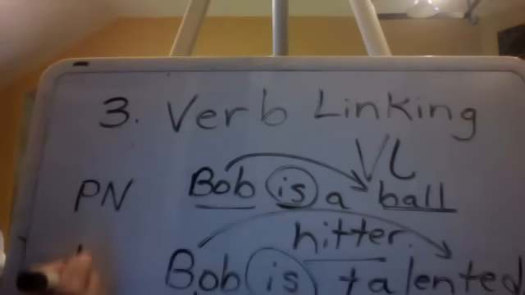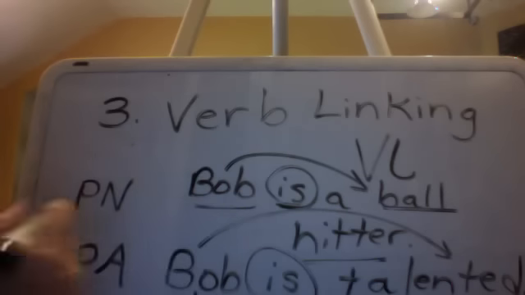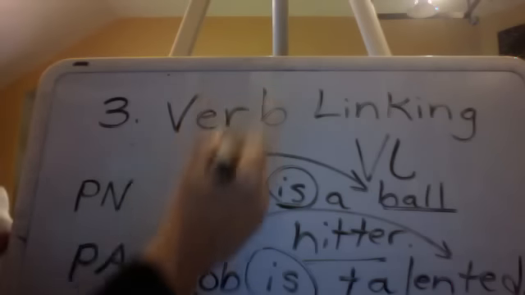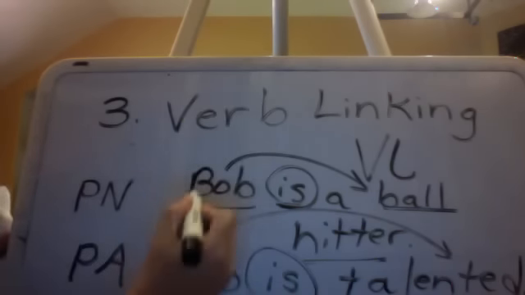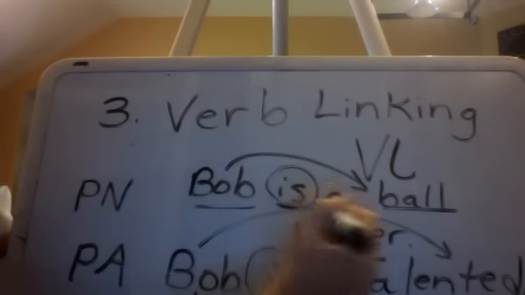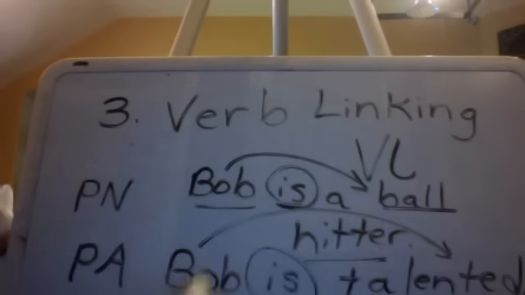Talented is a predicate adjective. It's describing or modifying Bob. So another way to look at this would be to put it in this way: Bob equals ball hitter, or Bob equals talented. That tells us it is in fact a verb linking.